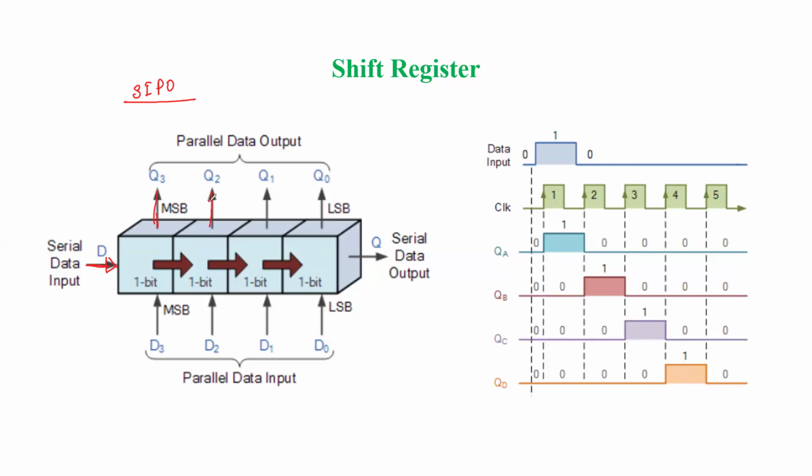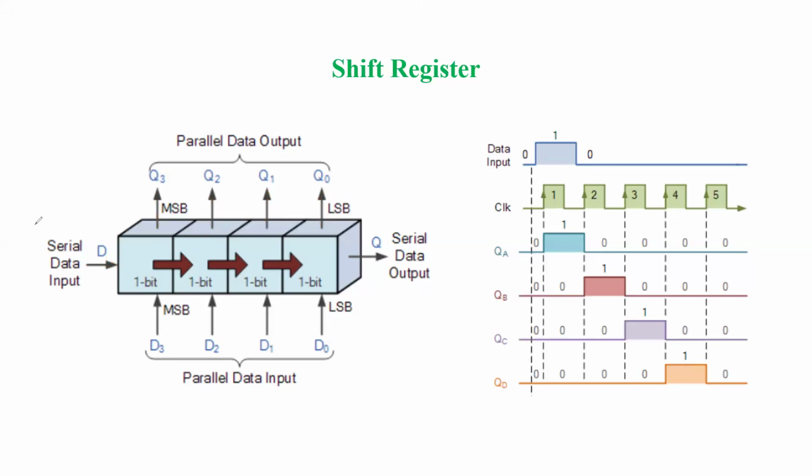If you see, in the initial stage the output of most of the flip-flops will be 0, since after each clock pulse, data input is transferred from one flip-flop to another, and finally the desired output will be available. So that was about serial in, parallel out.